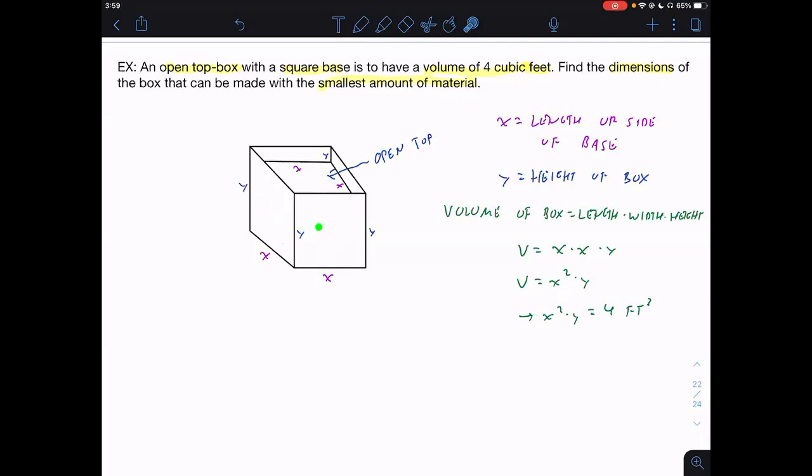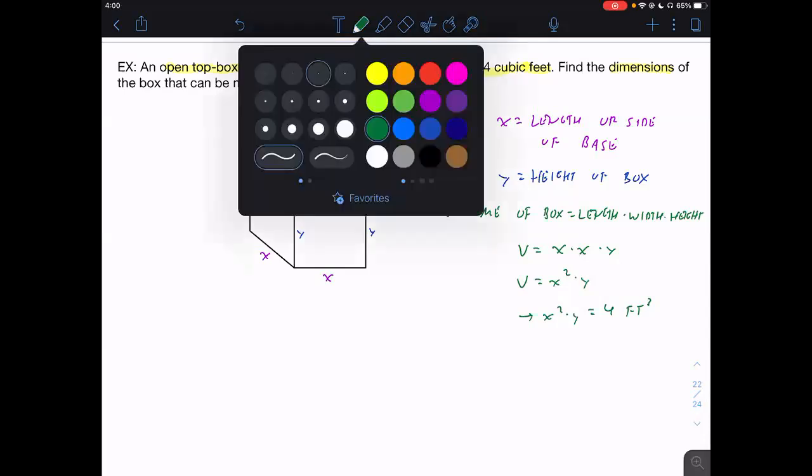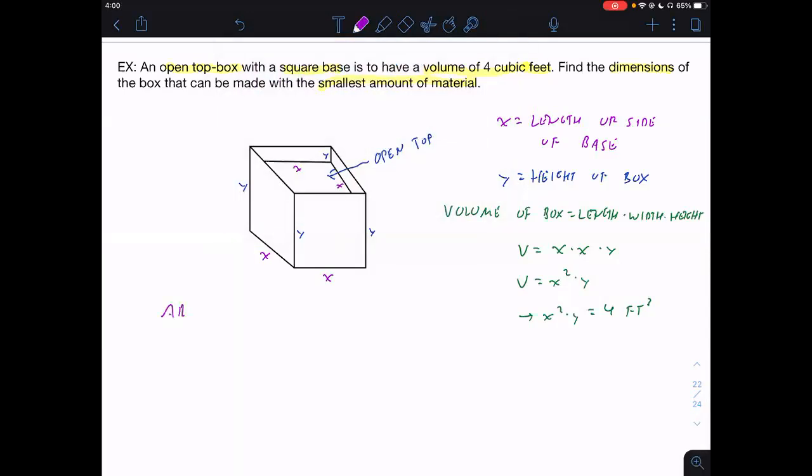So what do we call the amount of material that is needed to make the inside of each side? The area. All right, so we want to figure out what the area of the base has to be. Since the base is square shaped, the base would just be x times x, or x squared.